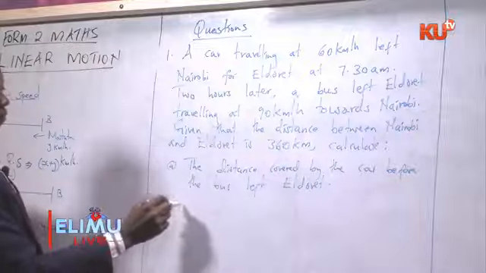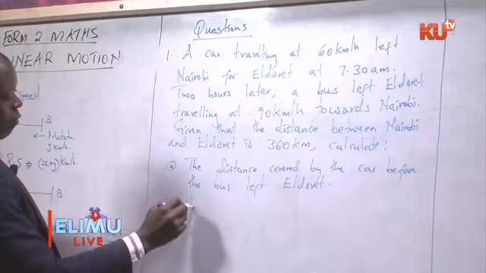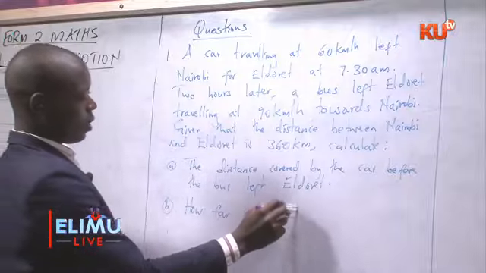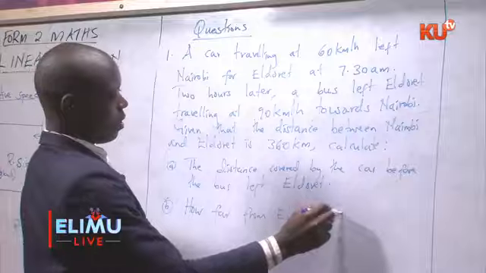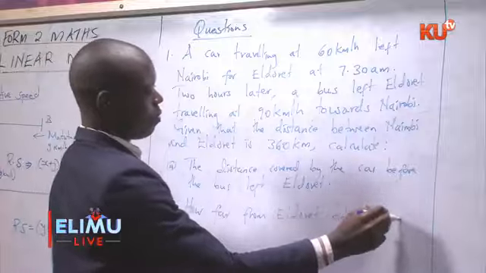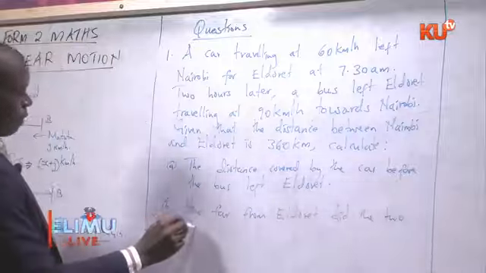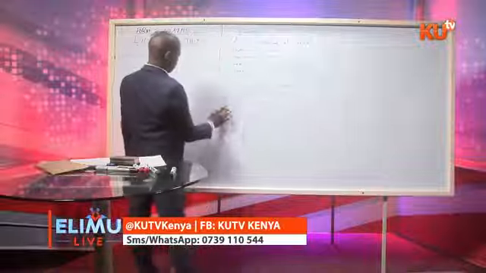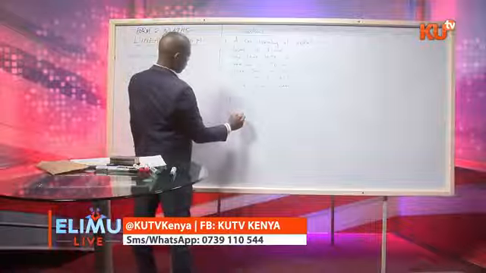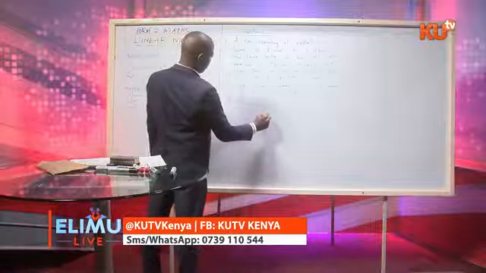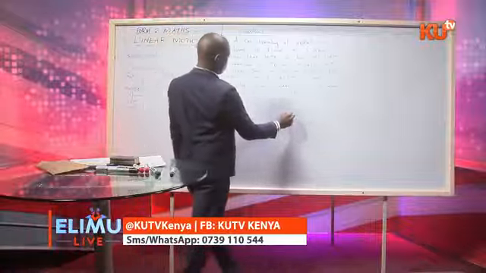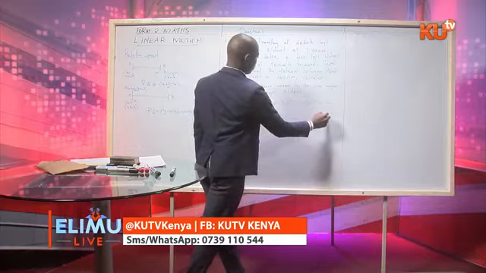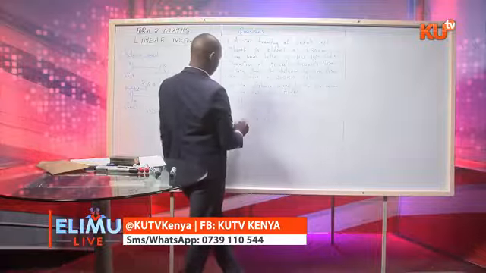Part B, how far from Eldoret did the two vehicles meet. And part C, the time of the day when the two vehicles met.